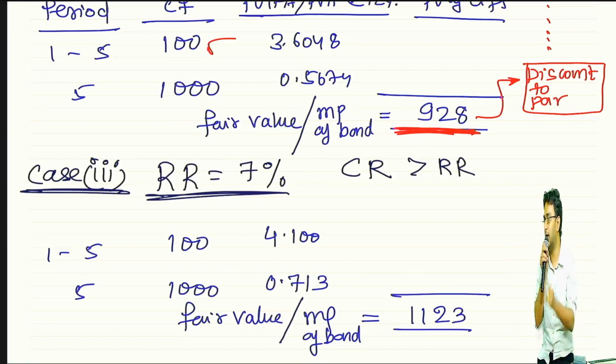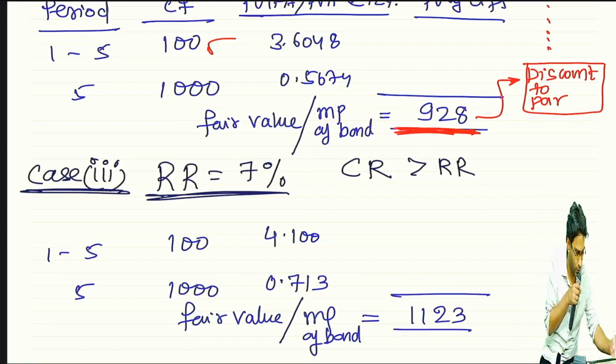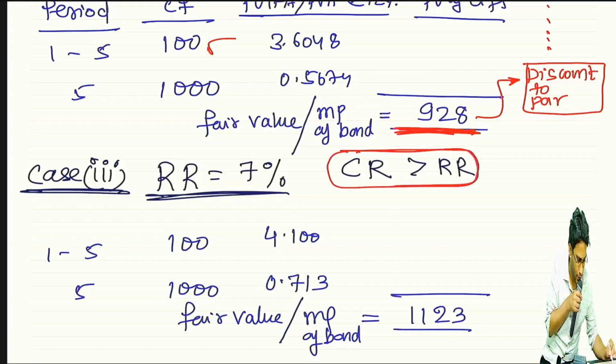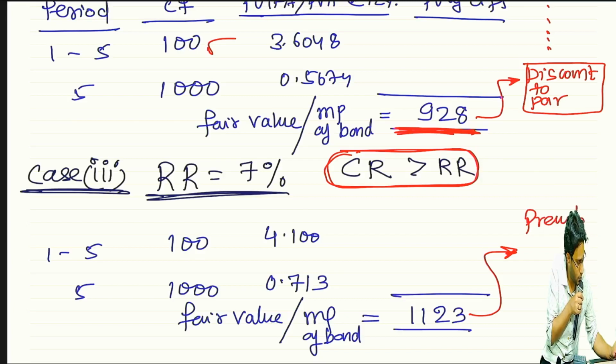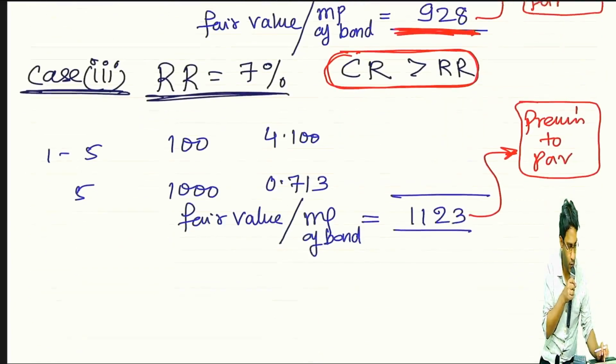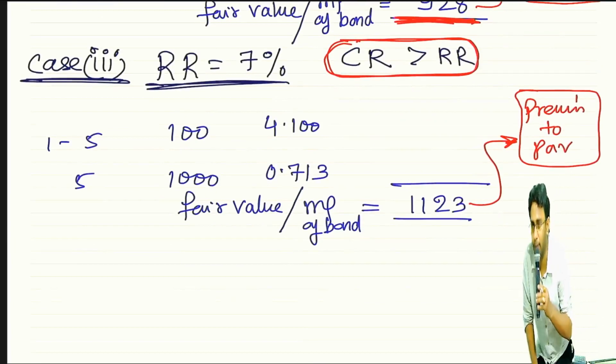Are you getting this? The observation I want you to remember is, when coupon rate is more than required return, the bond will be trading at premium to the par value.